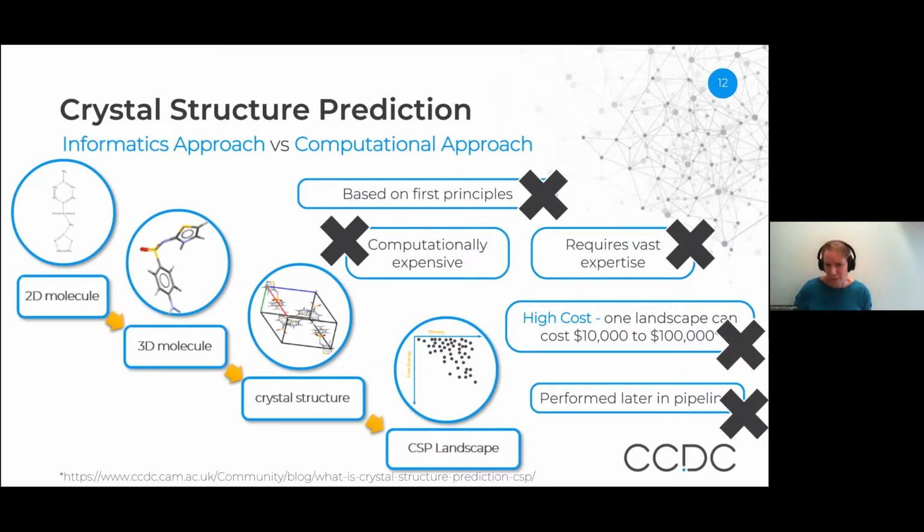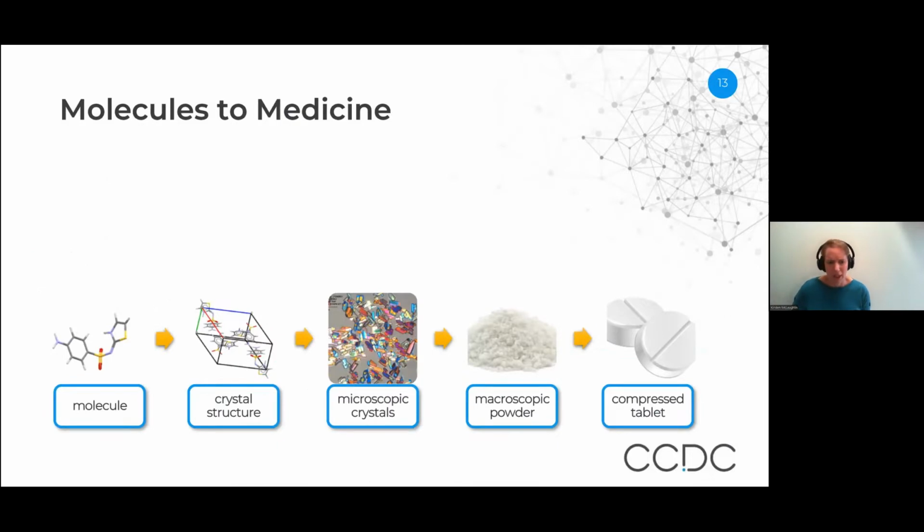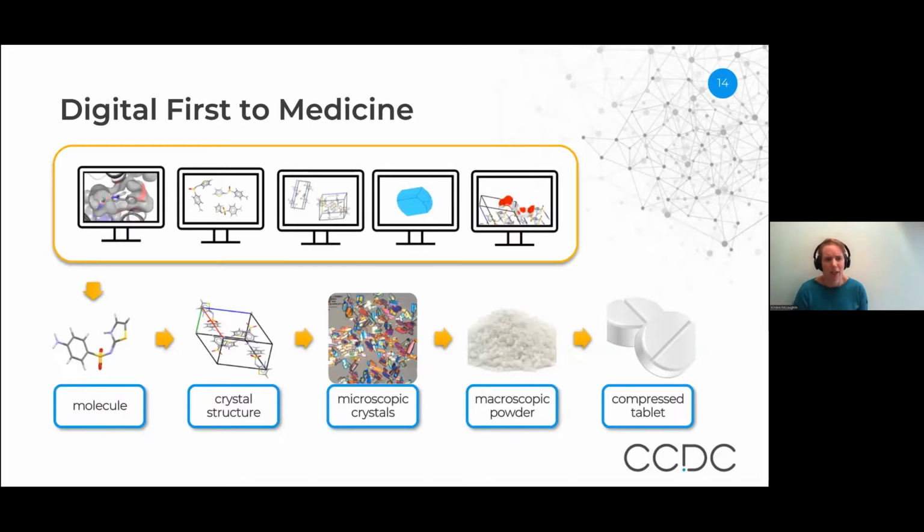That earlier-in-the-pipeline concept is something that we really push forward at CCDC, in that we want to approach these things digital first rather than starting at the molecule.